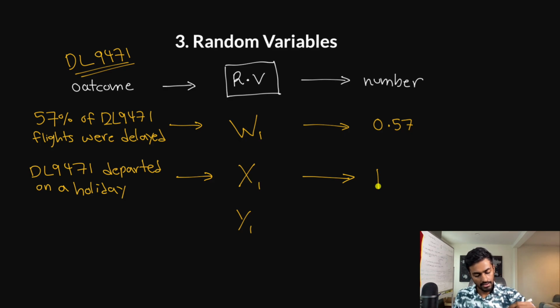Now, the same thing can be said about this last random variable, Y1. So Y1 is going to be, again, for this specific Delta flight, was this Delta flight delayed? And yes, we observed that it did leave a little later. So let's write that out.